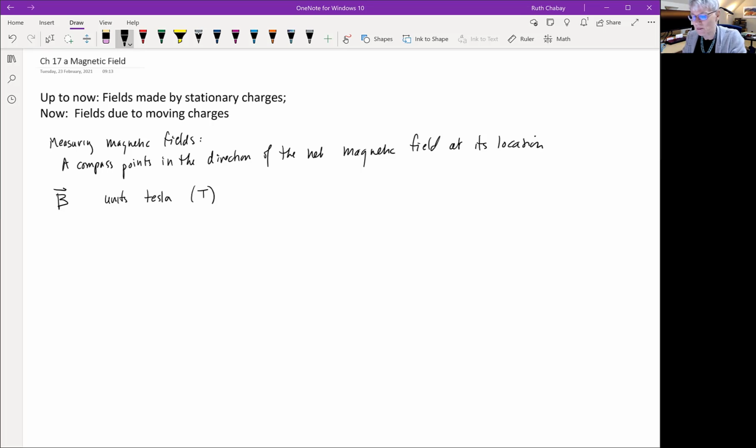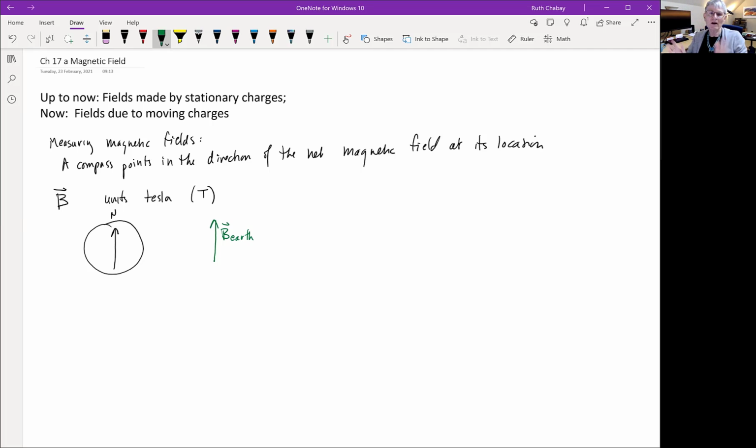So for our purposes, in terms of compasses, and this is stuff you're going to need for lab this week, if a compass needle points north, so here's a compass, its needle is pointing north, that tells us that the Earth's magnetic field at that location is pointing in that direction.